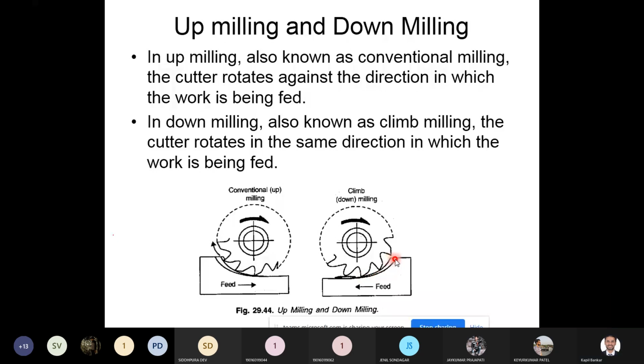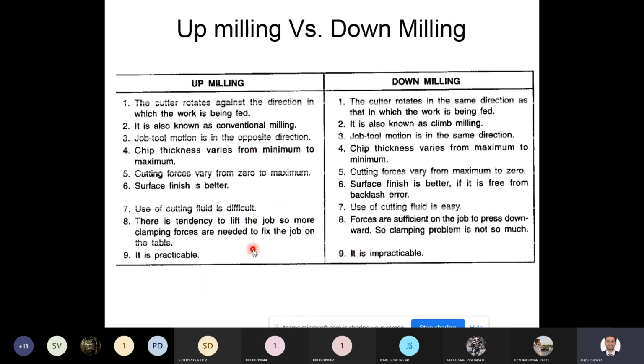So at the initial cutting, from the starting of the cutting, the chip thickness is maximum in down milling. So in up milling, chip thickness varies from minimum to maximum, and in down milling chip thickness varies from maximum to minimum. If the chip thickness varies from minimum to maximum, then what happens?